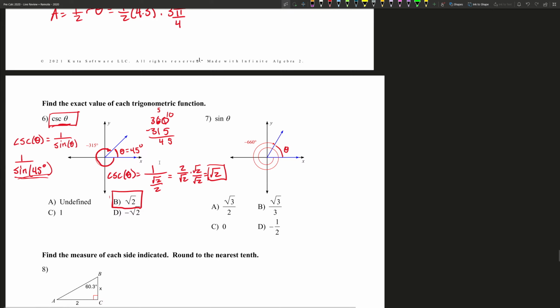So that's how we get that fraction. 1 over rad 2 over 2 is just 2 over rad 2. And then in order to rationalize that, in order to get the square roots out of the denominator, we need to multiply by some clever form of 1. And when we do that and simplify, we just get rad 2.